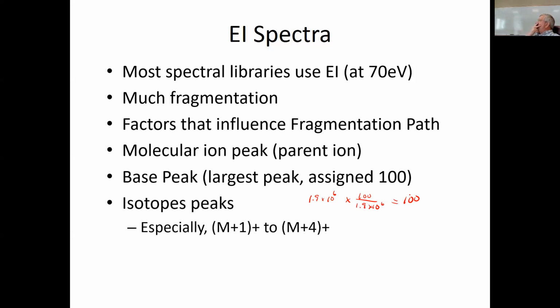Okay, isotope peaks. If we have a molecular ion peak, or a fragment peak, fragment peaks have isotope peaks as well. Because remember, an isotope peak is basically you're going to have a nominal peak, like if you have a methyl group, CH3, that'd be 15. So you'll have a peak at 15, but you'll also have a peak at 16, because you could have a carbon 13 in a molecule.